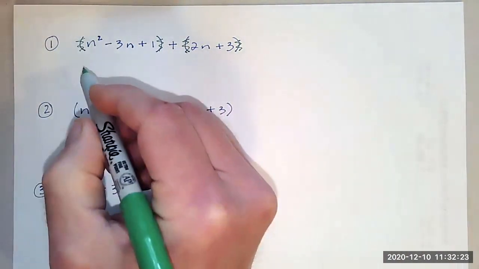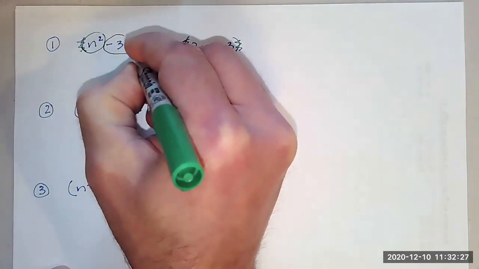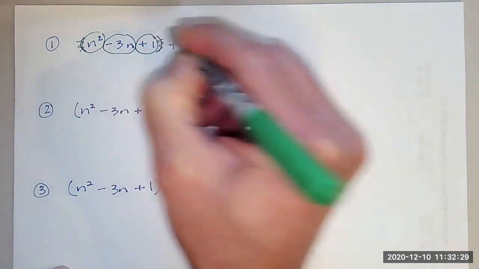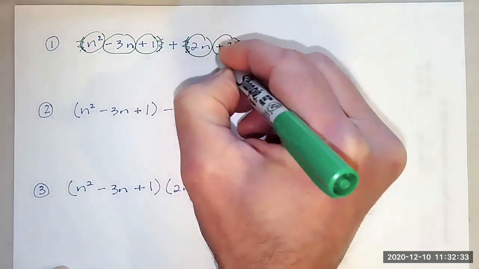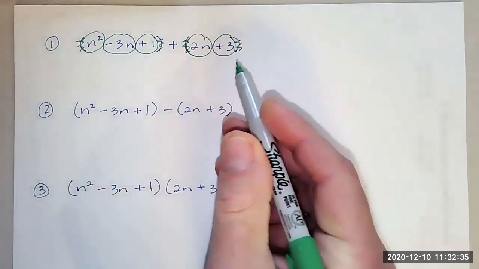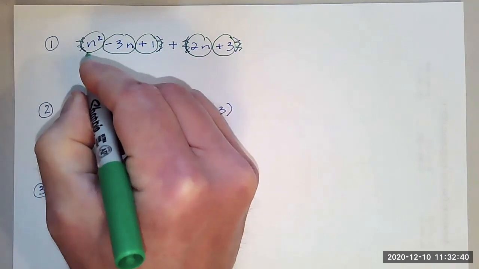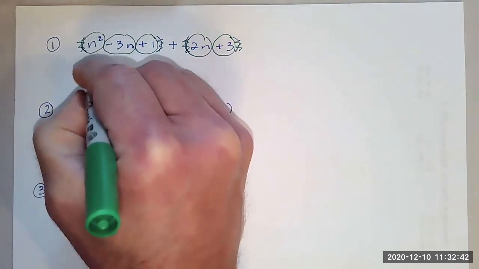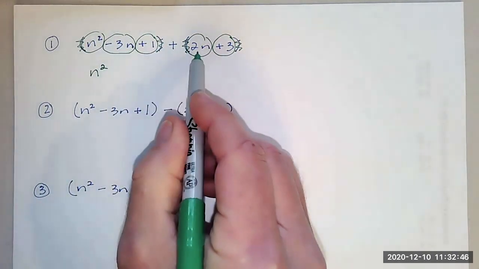So let's do that. We have an n squared, I have a negative 3n, I have a positive 1, and a positive 2n, and a positive 3. Combining like terms, I start with the highest degree. The monomial with the highest degree is n squared. Then I have a negative 3n and a positive 2n.